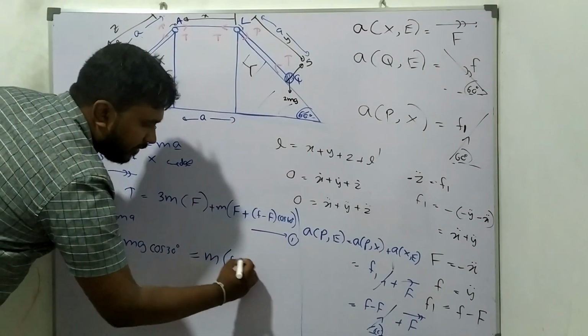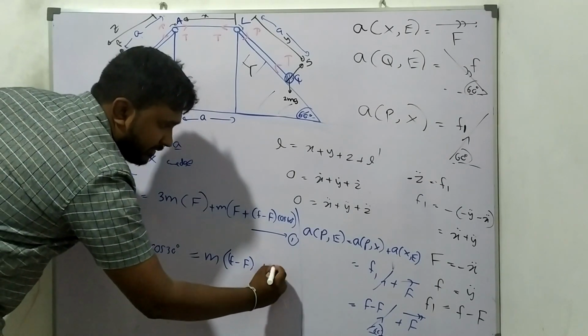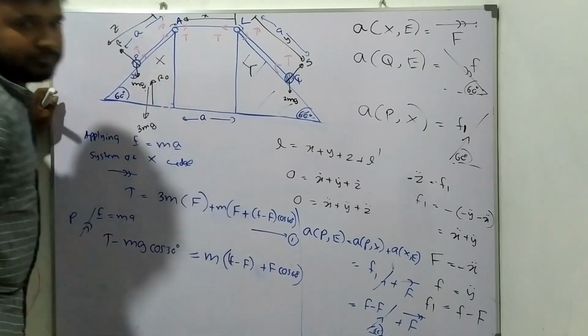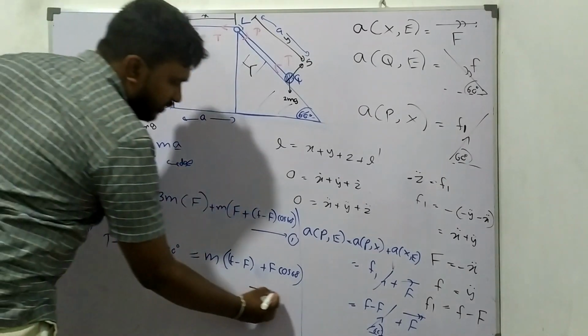Simple F minus capital F plus capital F cos 60, capital F cos 60. This is my second equation.